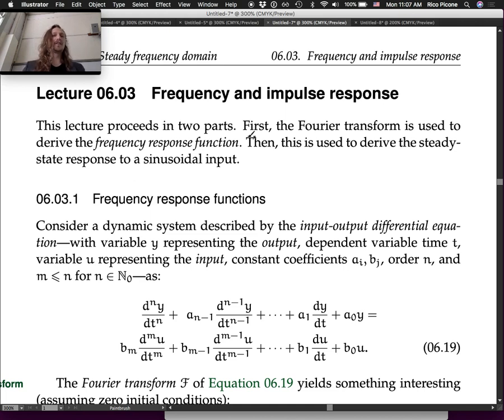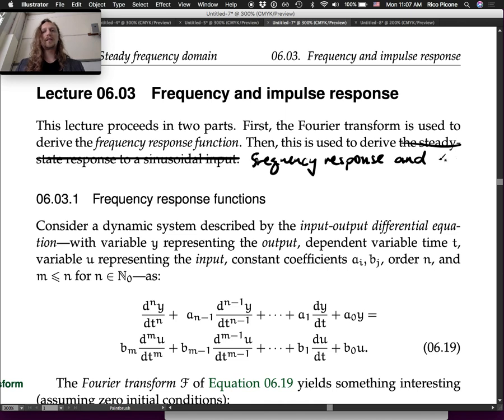And then I use it to derive, instead of the steady state sinusoidal response, which I will do, but not right now, we're going to instead find the frequency response, and then we're going to find the impulse response. I'll explain why as we go.